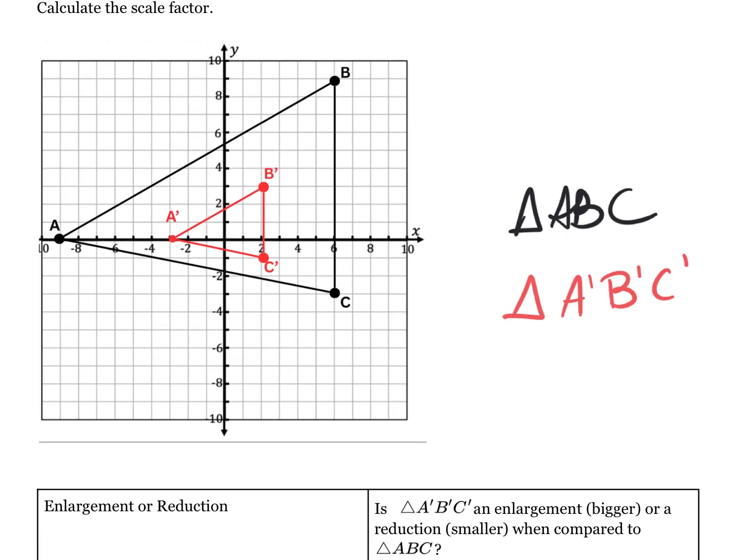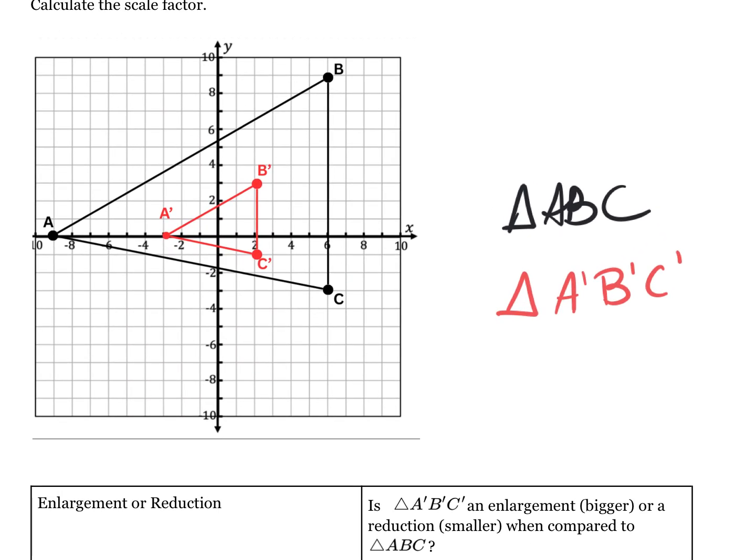Okay, so here we are. So first I'm going to count. I got 1, 2, 3, 4, 5, 6, 7, 8, 9, 10, 11, 12. I have a length of 12 here. And B prime, C prime is 1, 2, 3, 4.